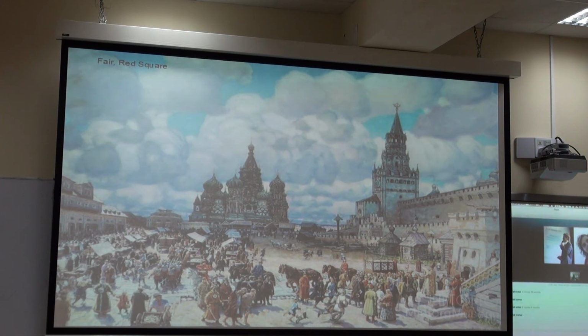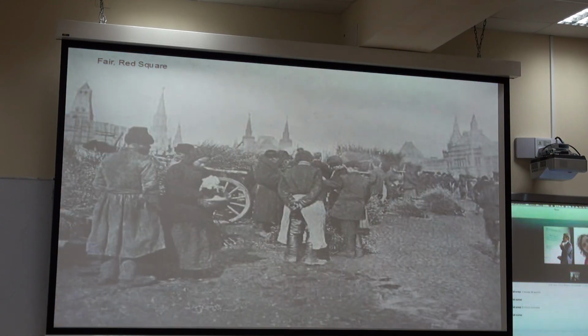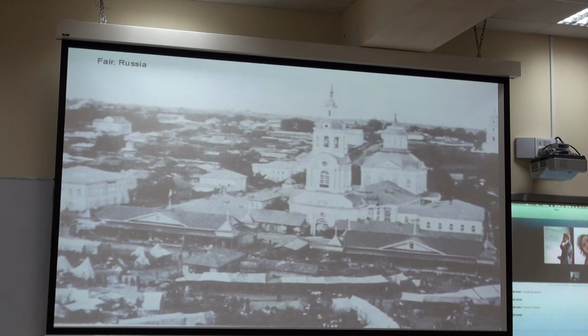But later on, when they built another set of walls, this trading activity was also included inside of the city. Next one. Just a real picture of the Red Square at some point, which was used just as a hive market. Next one. Well, just the next picture is another Russian city.